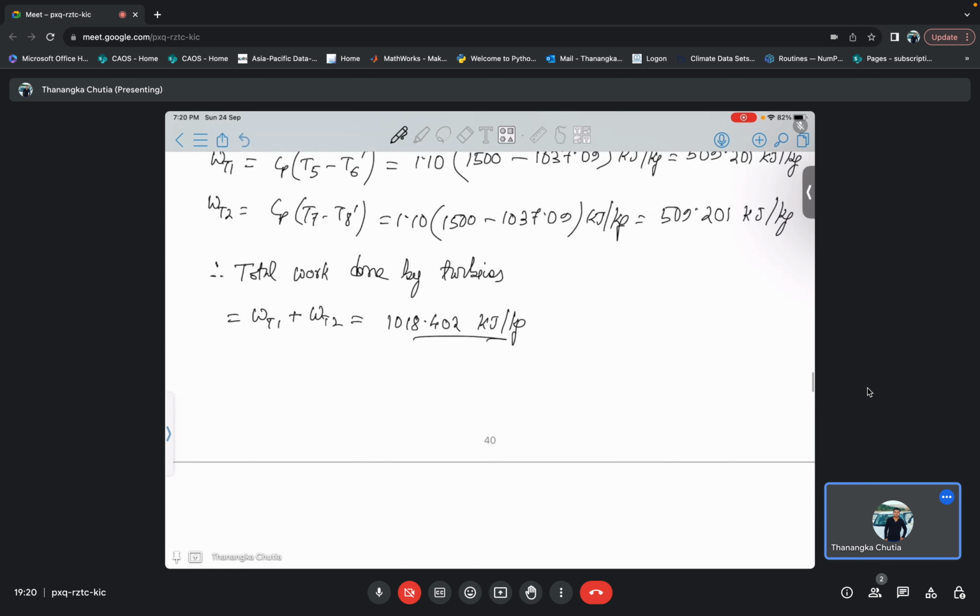Next is total heat addition in the cycle.